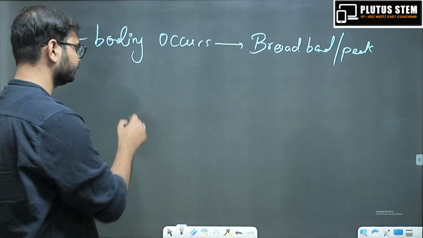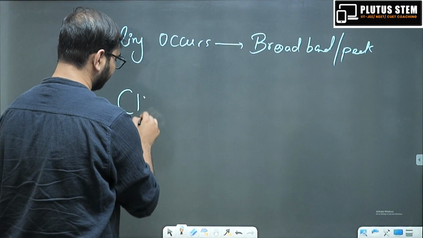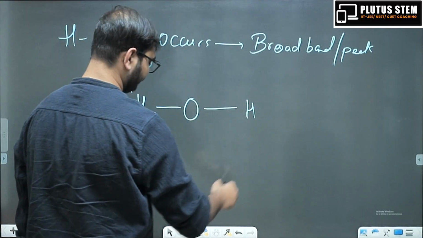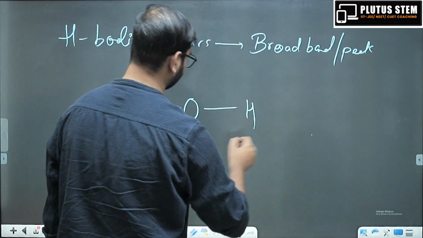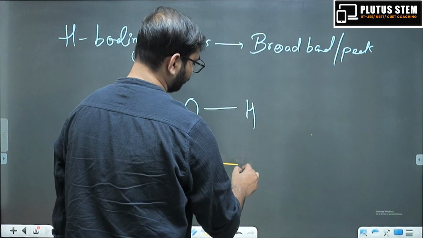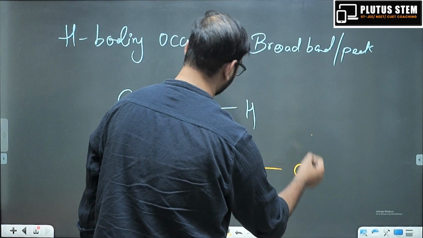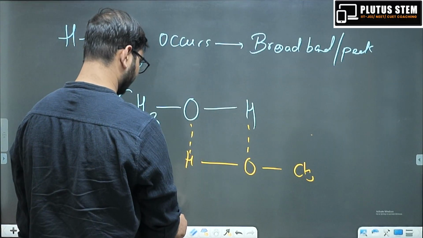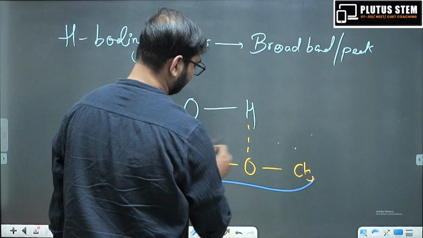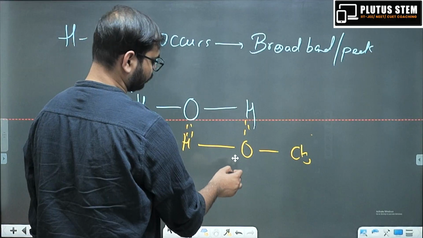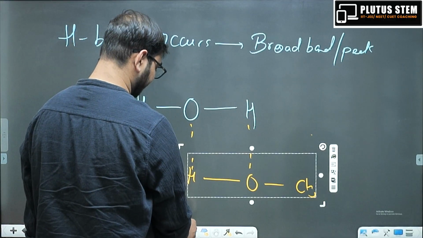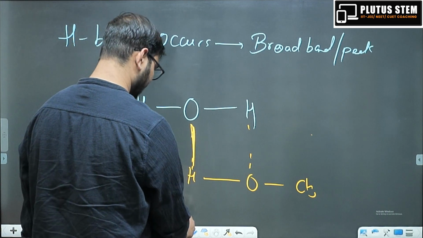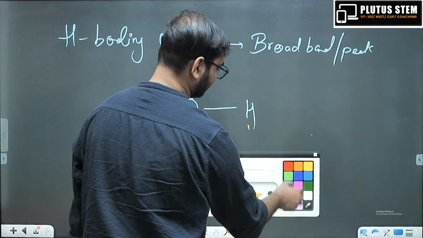Why is it so? When you are going for inter or intramolecular hydrogen bonding, because of interaction between them, these molecules may come close to one another, and at the same time there can be proton exchange between these bonds as well.